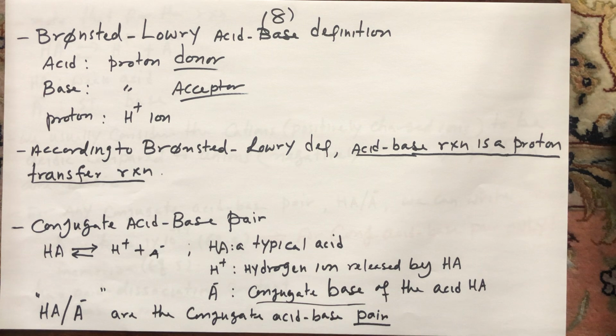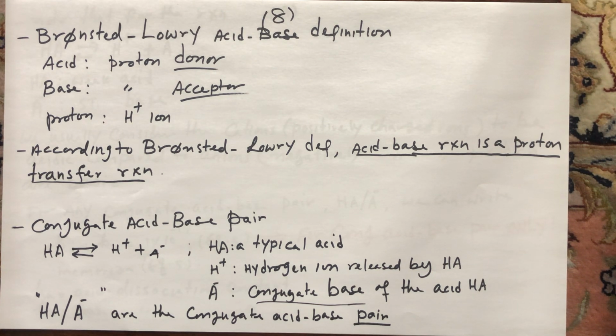Now, in the beginning of the lecture, we referred to Arrhenius' definition of acids and bases. This is another definition of acids and bases, called the Bronsted-Lowry acid-base definition. Bronsted and Lowry are the names of two scientists who came up with the definition you have here on this page. According to the Bronsted-Lowry definition, an acid is a proton donor and a base is a proton acceptor.